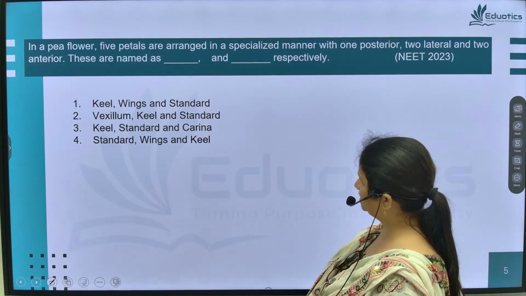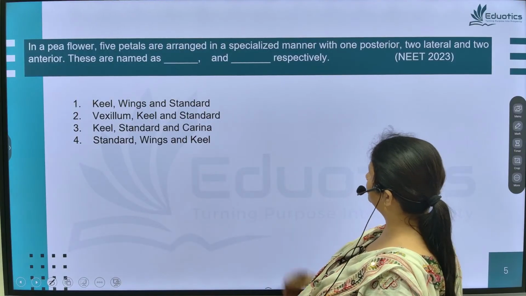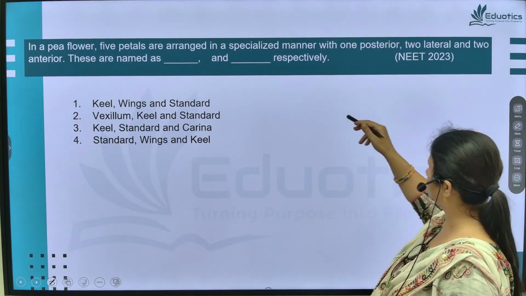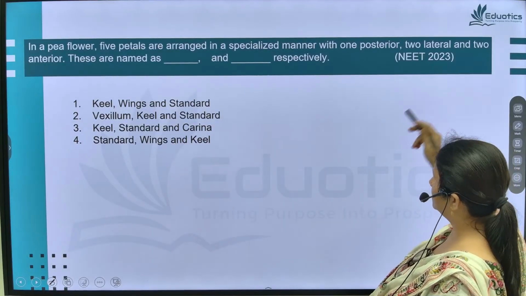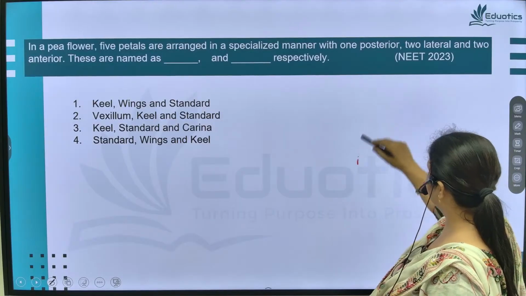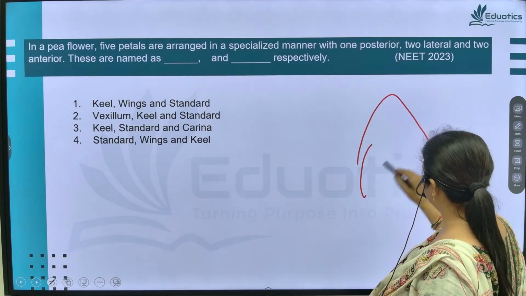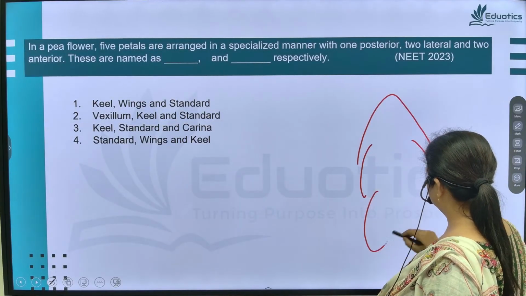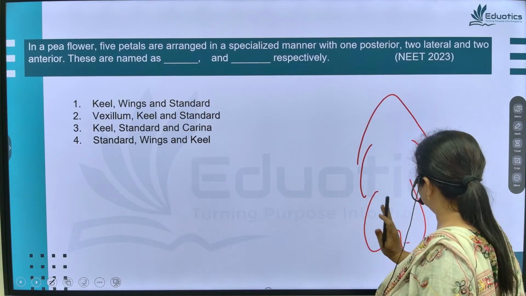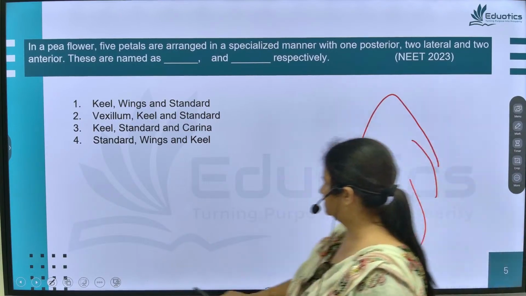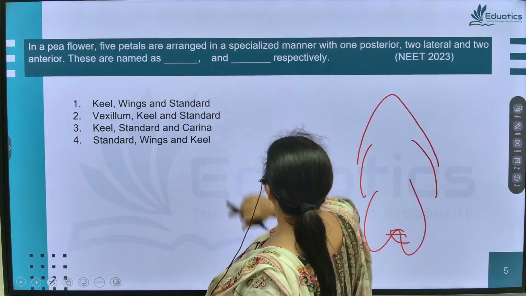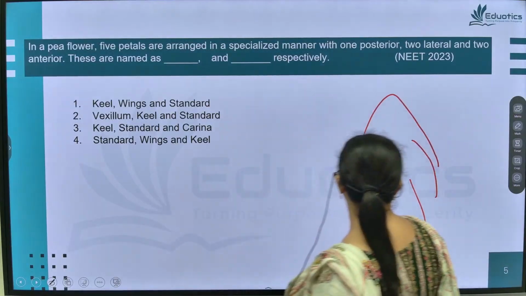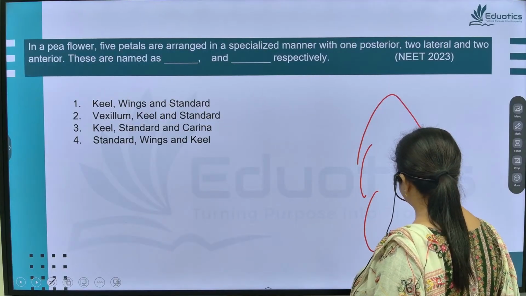In a pea flower, five petals are arranged in a specialized manner with one posterior, two lateral and two anterior. Remember, the diagram of the pea flower was like this.